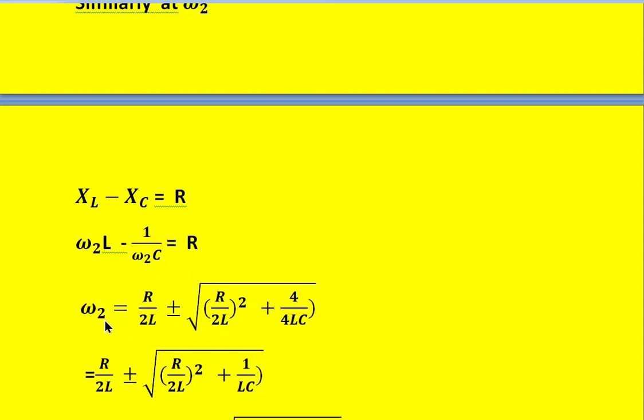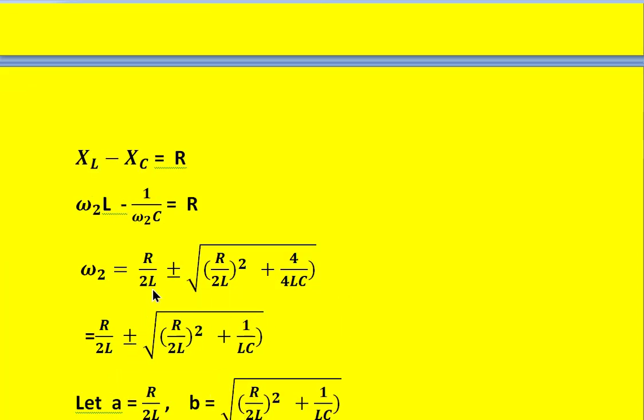After further simplification, omega 2 becomes R by 2L plus or minus root of (R by 2L) whole square plus 1 by LC. And let a is equal to R by 2L and b is equal to root of (R by 2L) whole square plus 1 by LC.